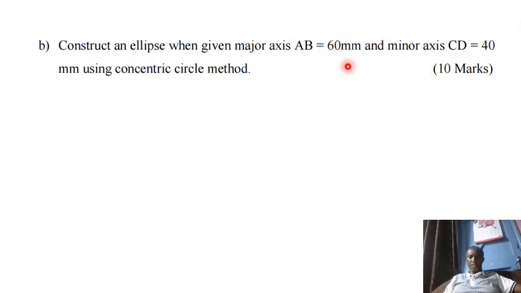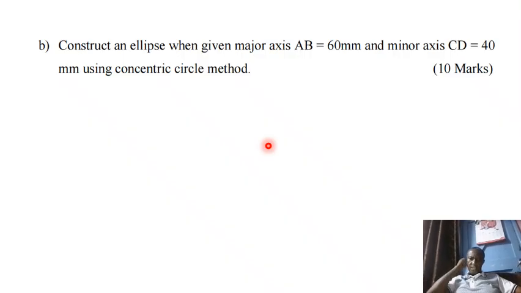One of them a diameter of 60, and the other one a diameter of 40, meaning that you will use a radius of 30 here and a radius of 20 here. Those two circles must share the same center.